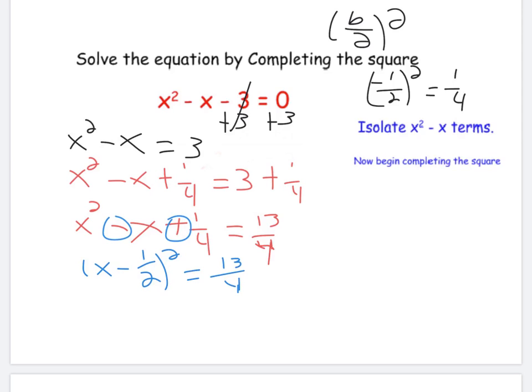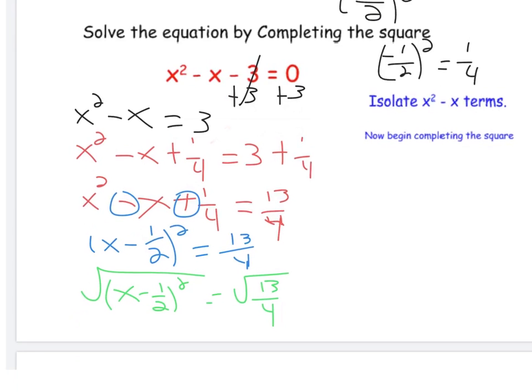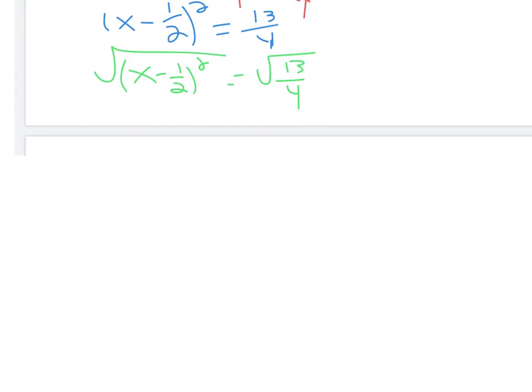Now in order to solve this, I'd have to take the square root of both sides. So I'd have the square root of x minus 1/2 squared and the square root of 13/4. Now if I slide my screen up a little bit, okay, so remember the square root and the square cancel each other out, so I'm left with x minus 1/2, and then if I'm doing the square root of 13/4, remember with the quotient property, we can take the square root of the numerator and the square root of the denominator.